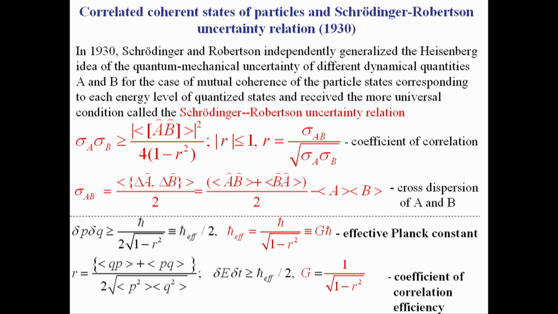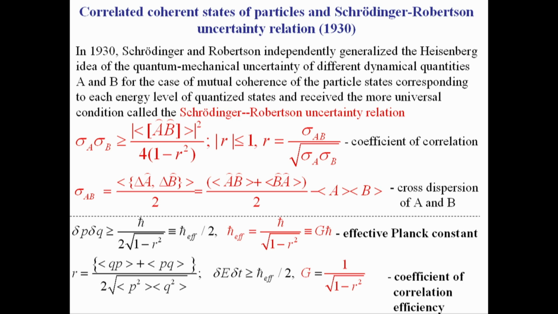Using this, it's possible to introduce the effective Planck constant, and maybe introduce the effective coefficient of correlation efficiency. For correlated states, the coefficient of correlation efficiency greatly increases. Maybe the value of such a coefficient in a realistic case is many thousand units.